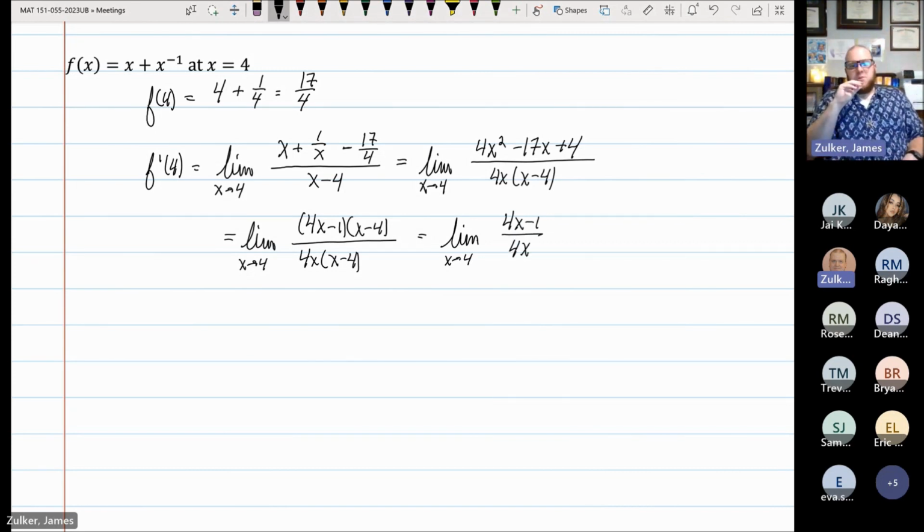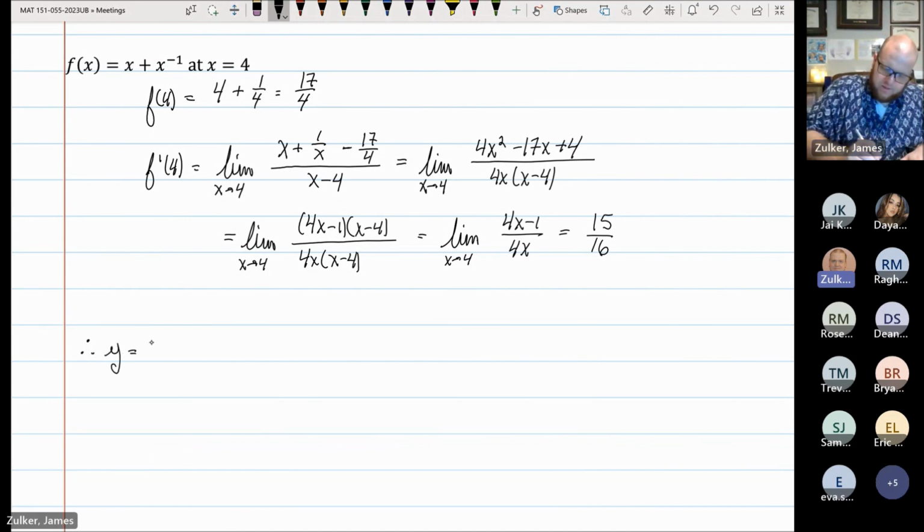And we're left with 4x minus 1 over 4x, which is what, 15 over 16? 15 over 16x plus 17/4 minus 15/4.